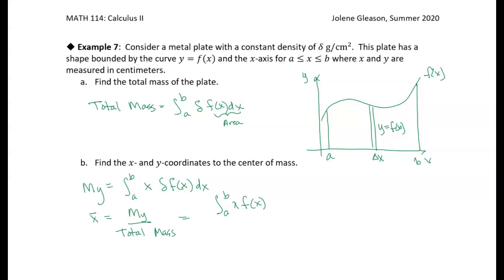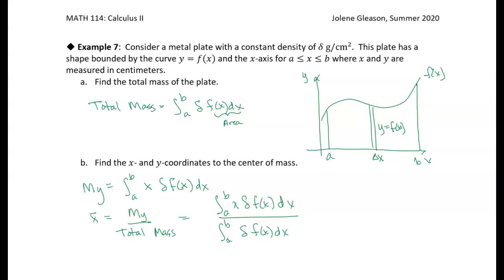Hang on, let me get an eraser and make this nice. That's the moment, and then the denominator is just going to be another integral from a to b of the density times f of x dx. There's nothing new there.